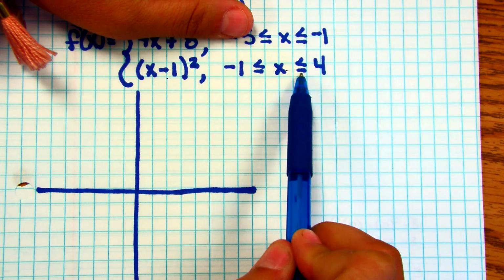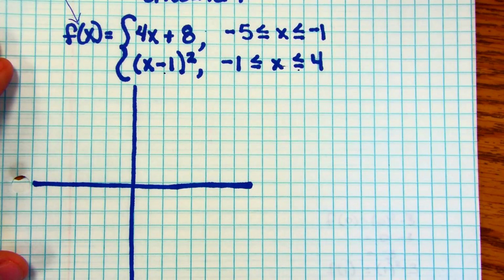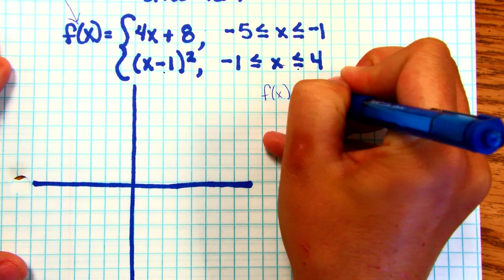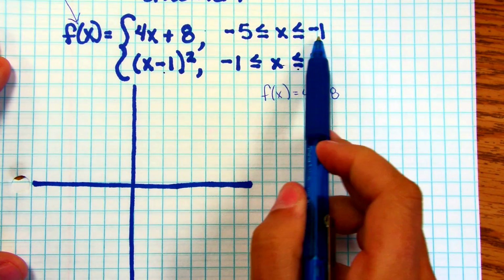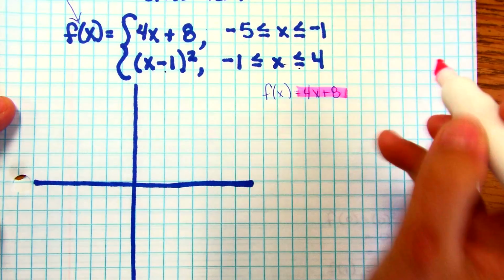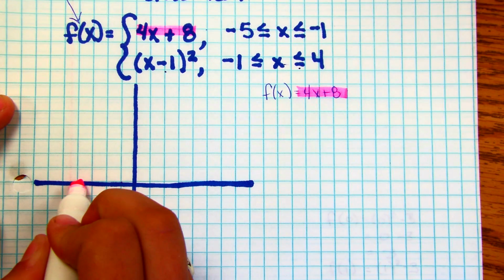So two separate intervals. So let's go ahead and get started. We're going to start with f of x equals 4x plus 8, and we're graphing that on the interval -5 to -1.